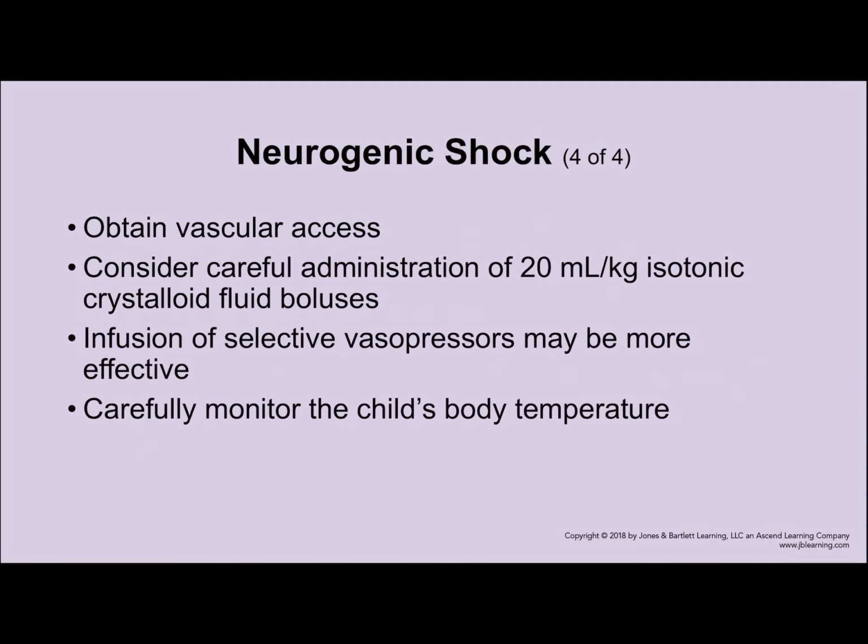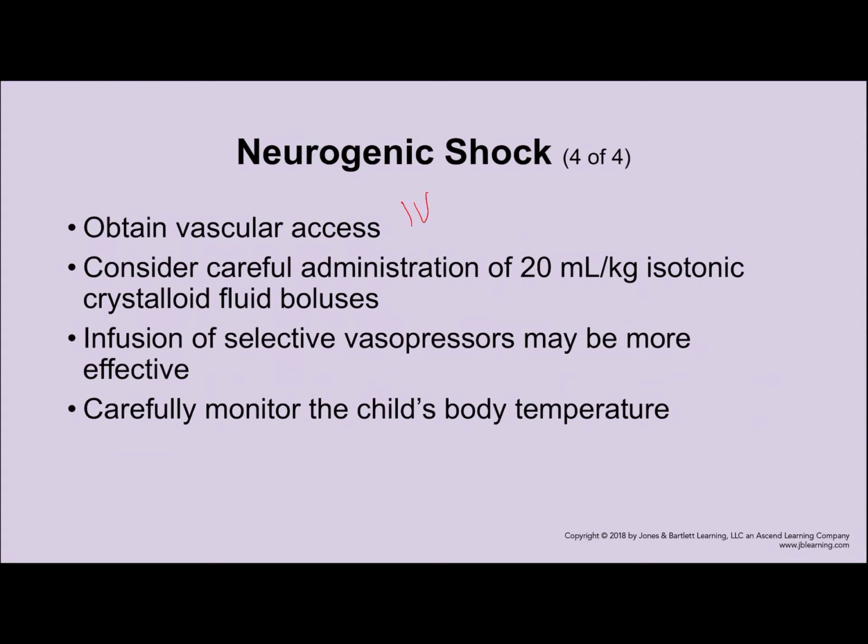So neurogenic shock, the treatment is essentially the same. It's still a variety of shock. So you want to get IV access. You need to administer isotonic crystalloid solutions for resuscitation. And then certain types of vasopressors may be more preferred in this situation than others.